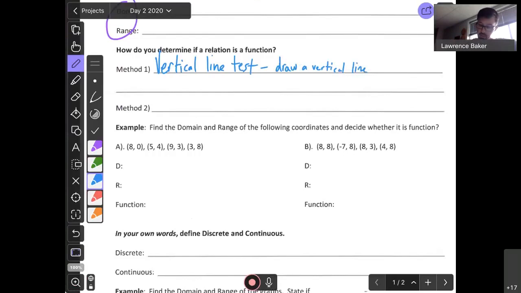So draw a vertical line through the graph. And if it hits more than once, the graph is not a function.